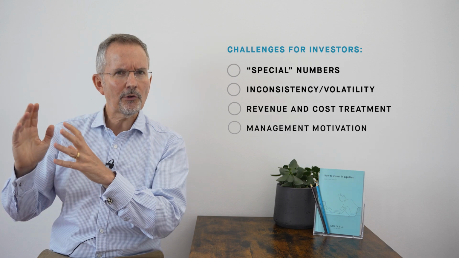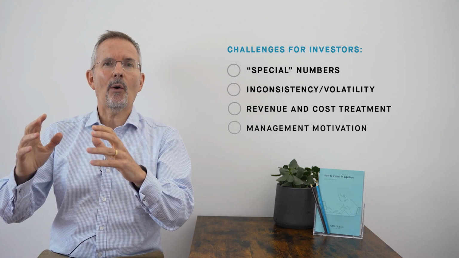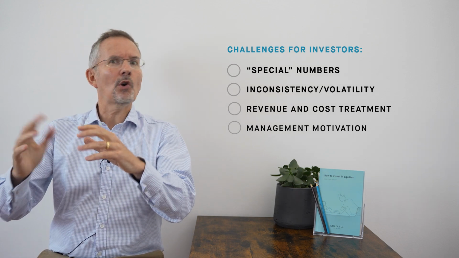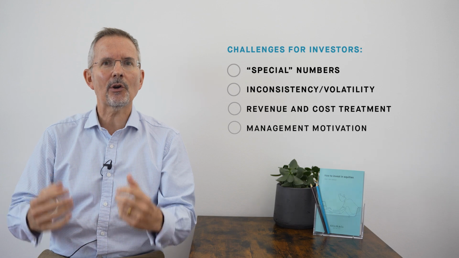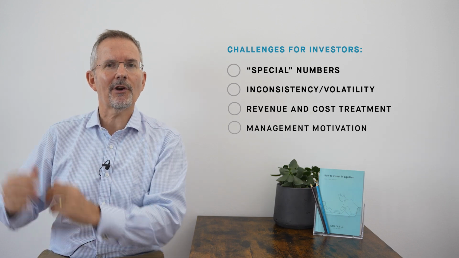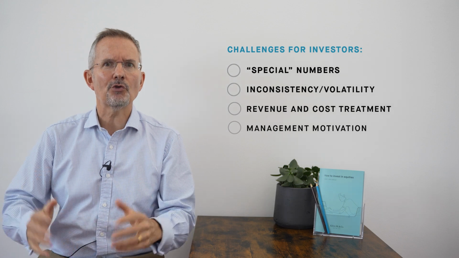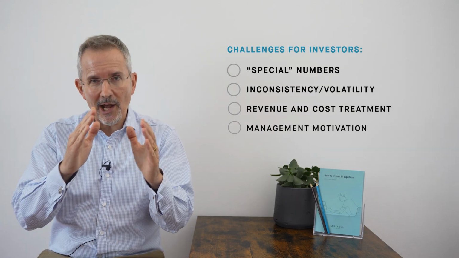Have a look at our special profit number. Have a look at our trading profit number. Have a look at our core profit number. In other words, they start using language which actually isn't a legal requirement to put a profit number in front of you which supplements the ones they have to publish and tries to paint a better picture than perhaps is realistic. So watch out for that.